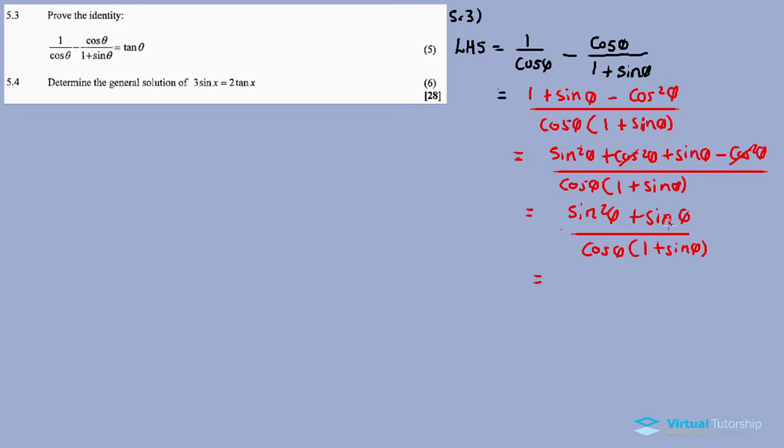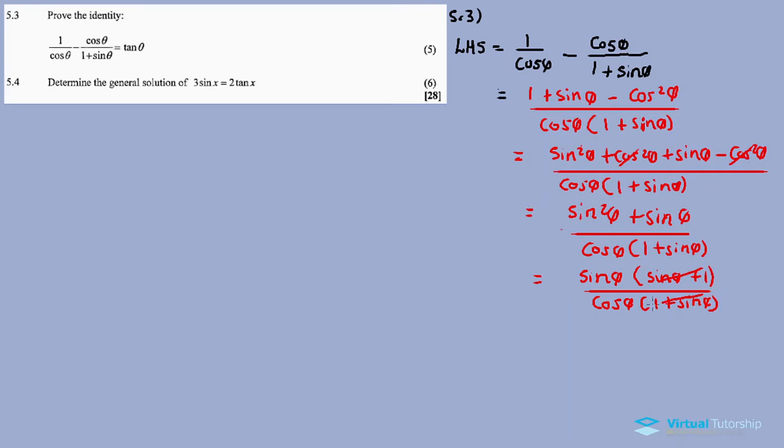So therefore on the numerator we have a common factor of sine theta, let's take it out, and we remain with sine theta plus 1 divided by cos theta, 1 plus sine theta.